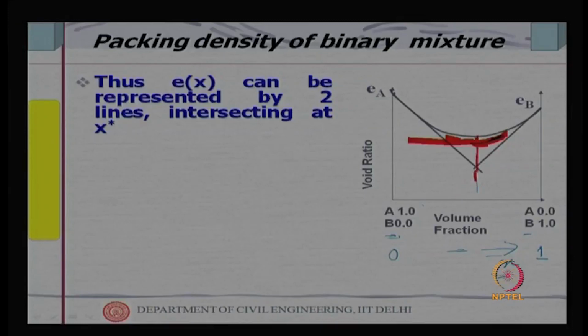But one interesting thing is that, by and large, near this point you will have the minimum void content, very close to what you would find even in the ideal case. The important point here is that there is a specific proportion of B and A where this will be minimum.